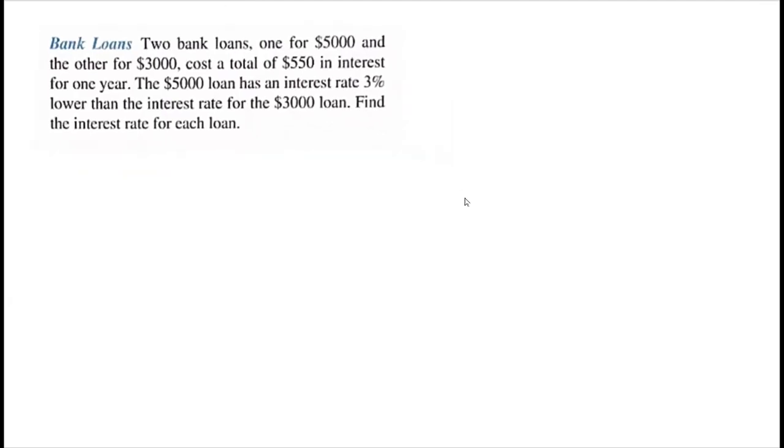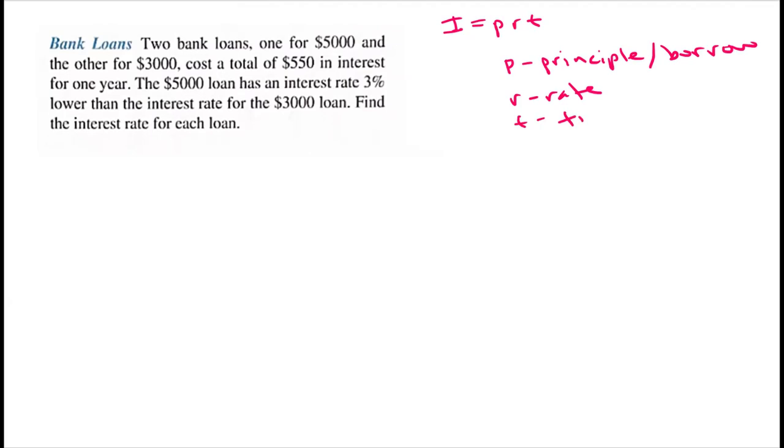You're going to use the simple interest formula to set this up. I is equal to PRT, where P represents the principal, or the amount borrowed, R is your rate, and T is time, per year.